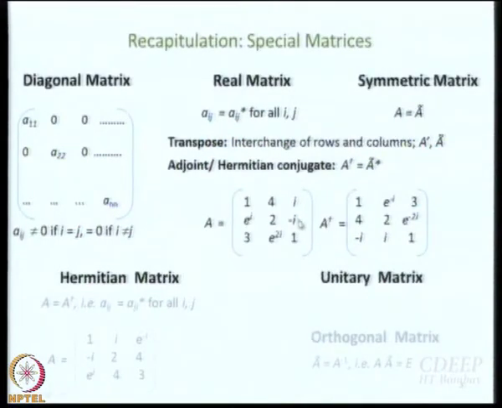So here we had given you a matrix A and you had worked out what is A dagger, remember. And then we talked about Hermitian matrix. What is a Hermitian matrix? Hermitian matrix is one in which A is equal to A dagger, please do not forget these two. In Hermitian, A equal to A dagger, and in unitary matrix, A dagger equal to A inverse.